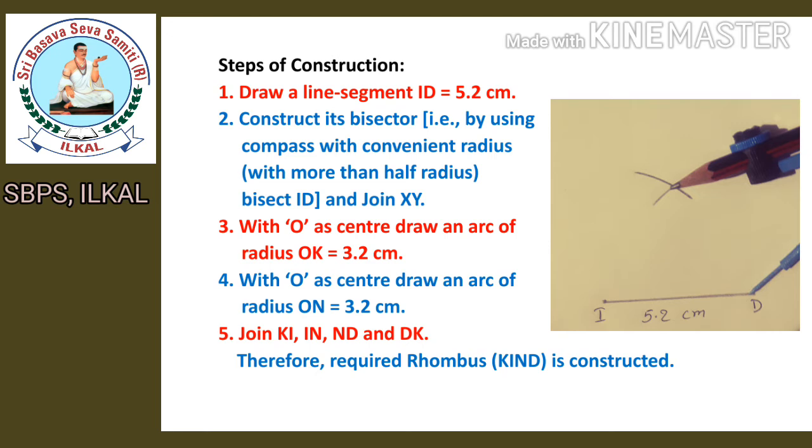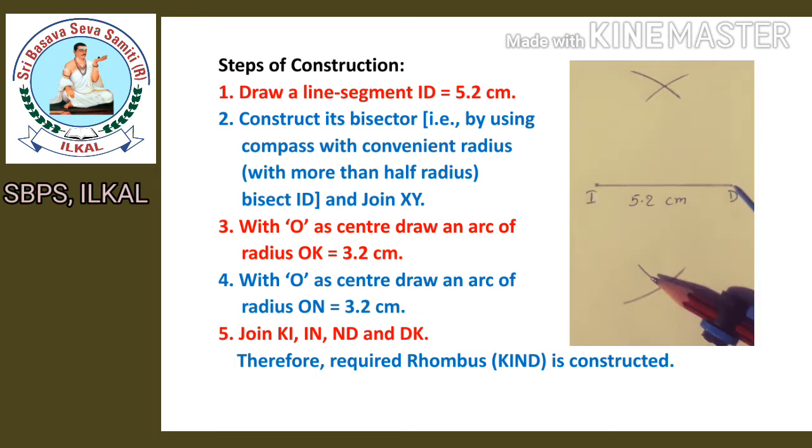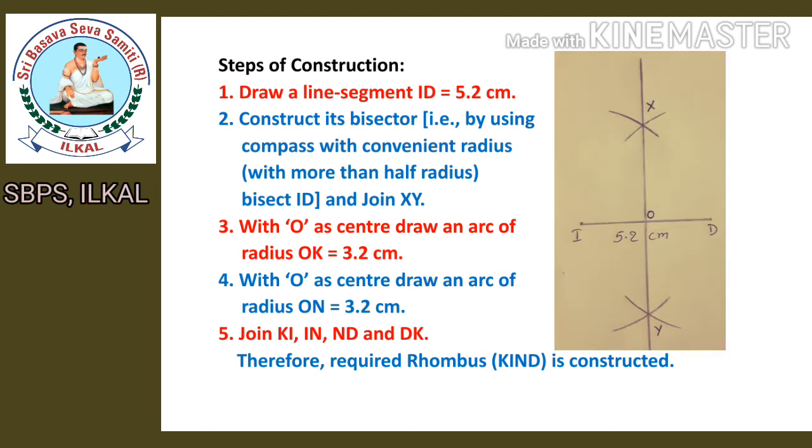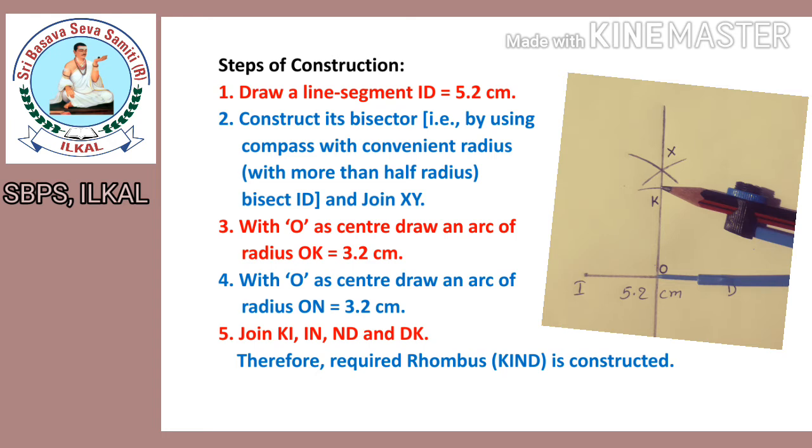What is the meaning of convenient radius? That is, with more than half radius here, which bisects ID. And then you can join XY. Third step, with O as a center, draw an arc of radius OK equal to 3.2 cm. Here O is the midpoint of ID.